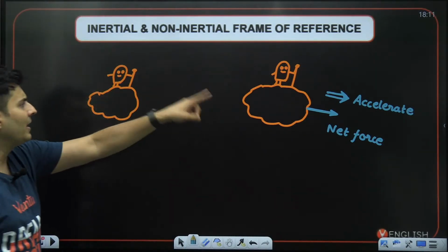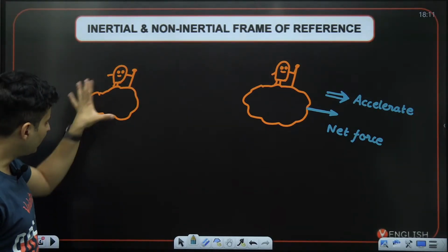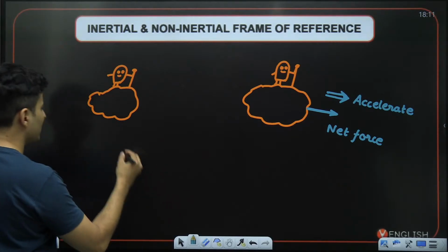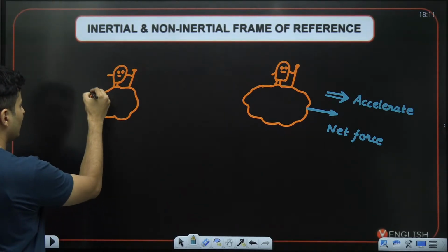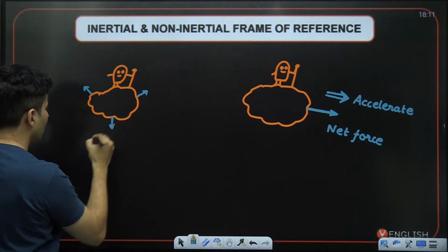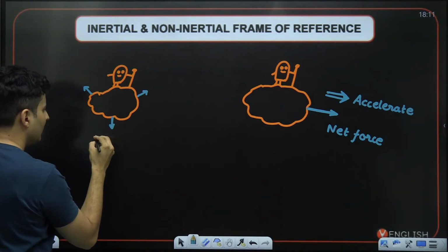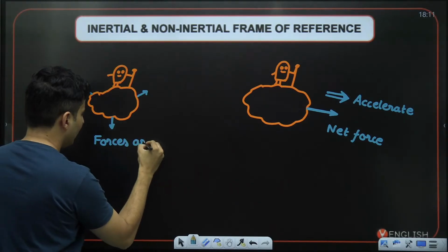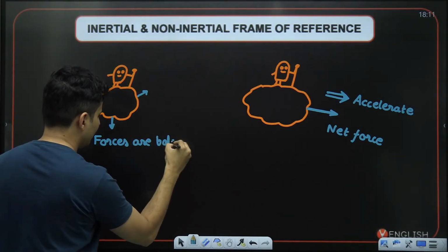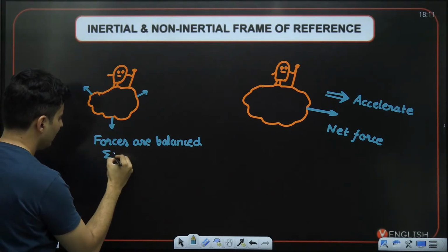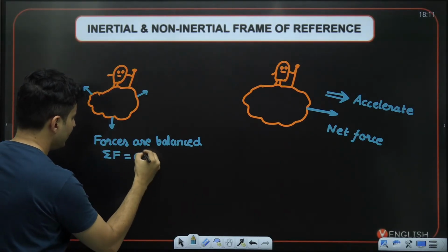Meanwhile, this Pandu asks the other Pandu, what are the forces acting on you or the rock? The other Pandu says, see, there are some forces, but maybe they are just cancelling out each other. And I find out that the forces are balanced. That means the net force is zero.